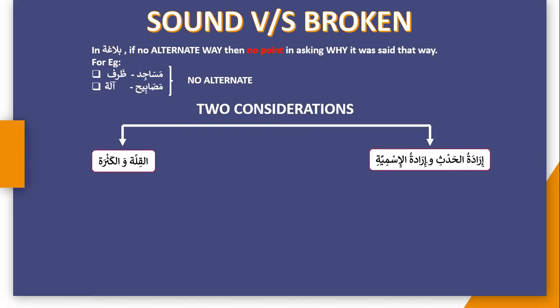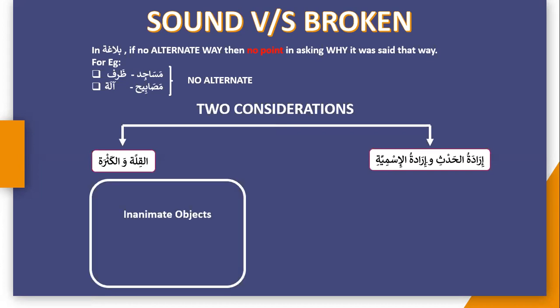These are two considerations that you have to keep in mind while determining the reason behind a certain plural. Now, qilla wal-kathra is usually used for inanimate objects.